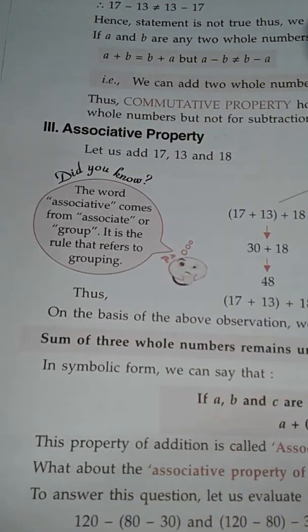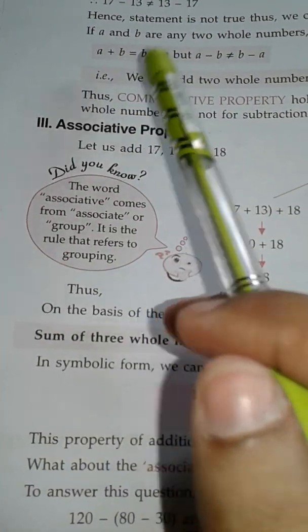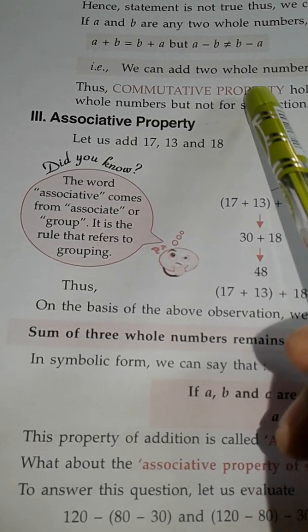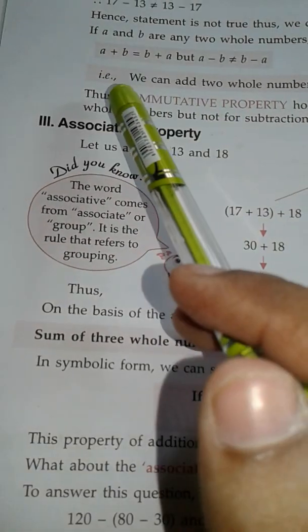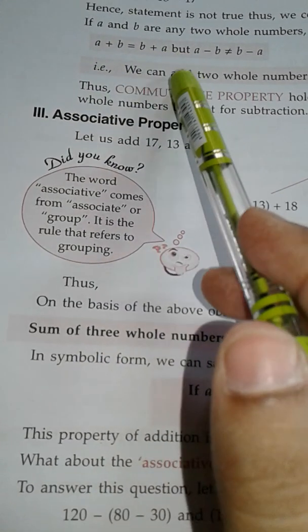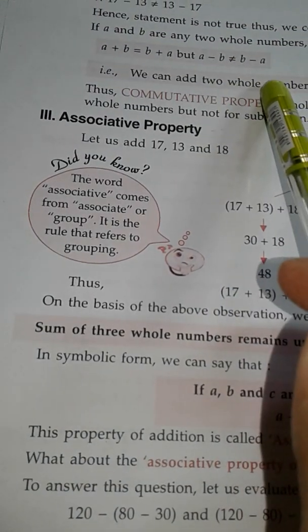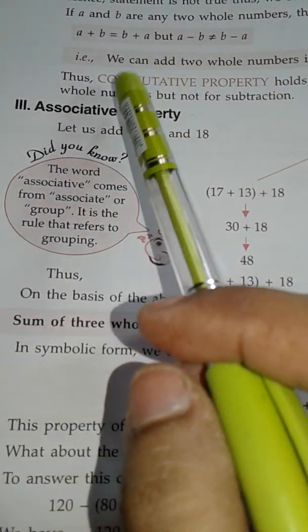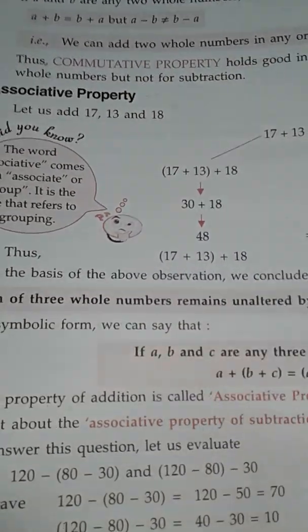Thus we conclude that if A and B are any two whole numbers in any order, A plus B equals B plus A, but A minus B is not equal to B minus A. That is, we can add two whole numbers in any order.